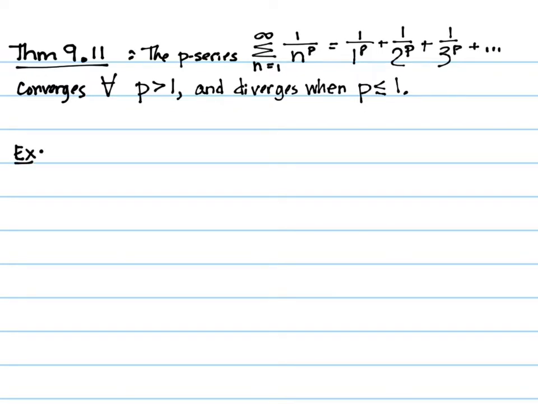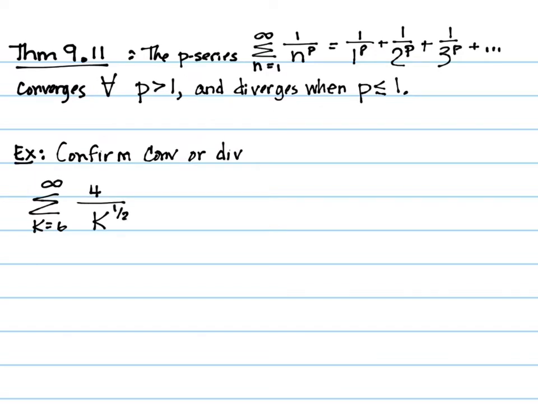So here is the way this works. We're going to confirm the convergence or divergence of our example, the summation from k equals 6 to infinity of 4 over k to the 1/2.